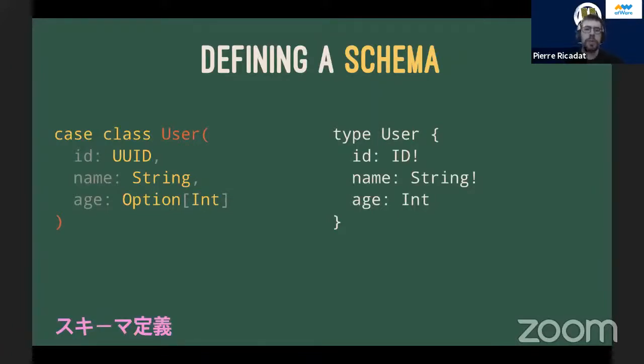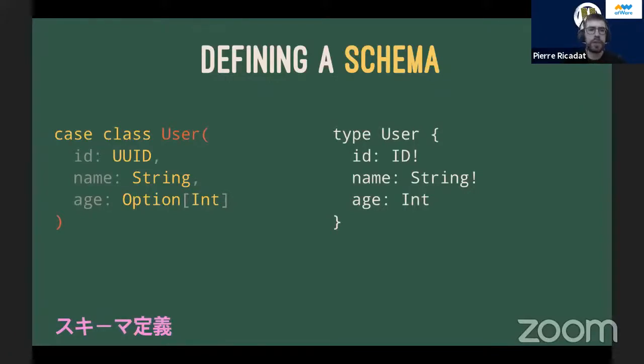And what Caliban will do, and I will show you a bit later how, is that from that Scala case class, it's going to automatically infer what is the corresponding GraphQL type. So that is really nice when you already have some code and you want to turn it into GraphQL with minimum effort. You can reuse your existing case classes and turn them into GraphQL automatically.